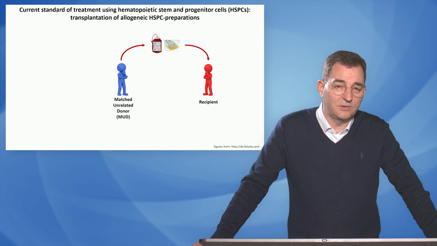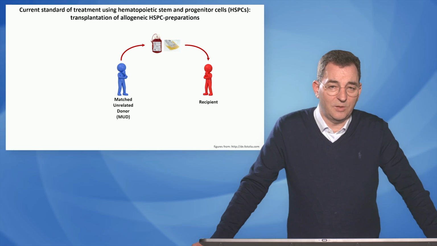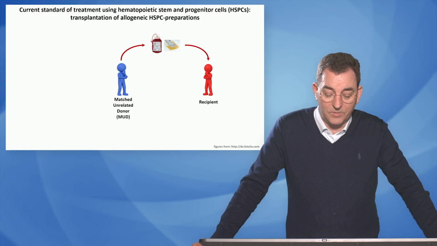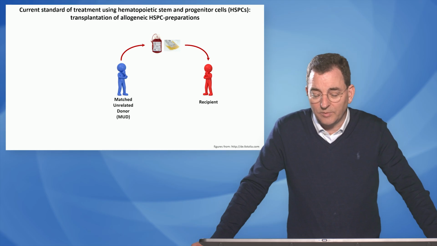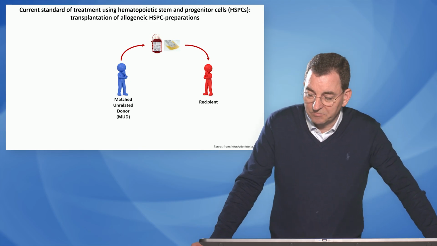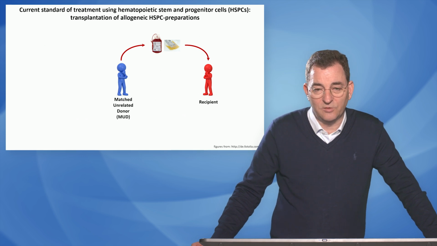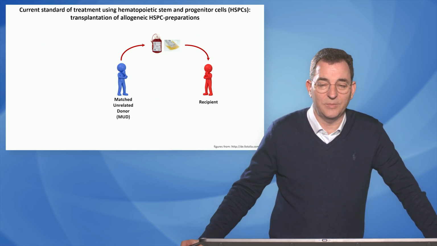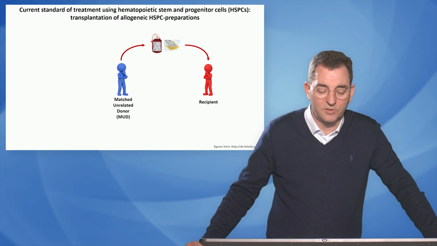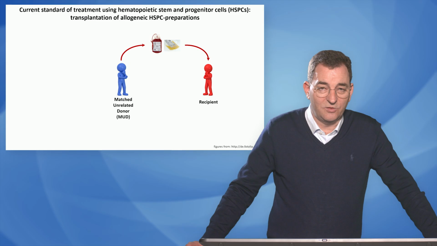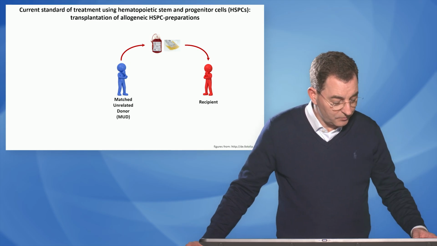Our current standard for blood stem cell transplantation is that you have a donor who is not the recipient, so not the same person. Now you have a different, matched unrelated donor. It could be from the family, or it can be a completely foreign person, matched to a certain extent based on MHC or HLA, human leukocyte antigens, and other criteria, but it's always associated with the risk of rejection.